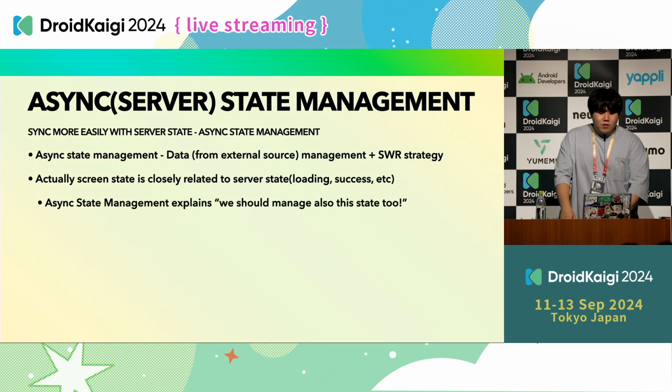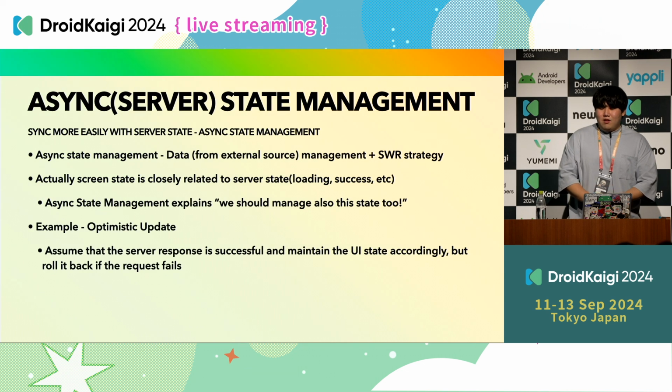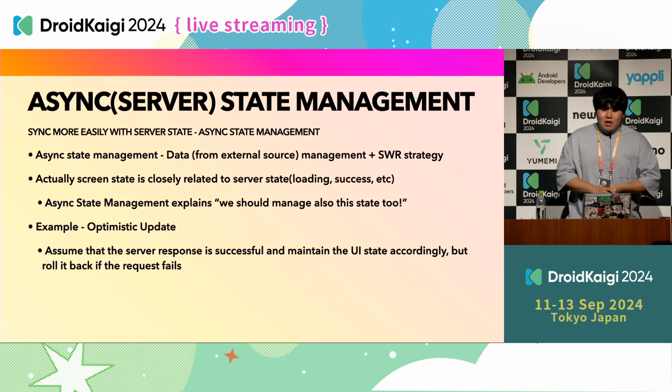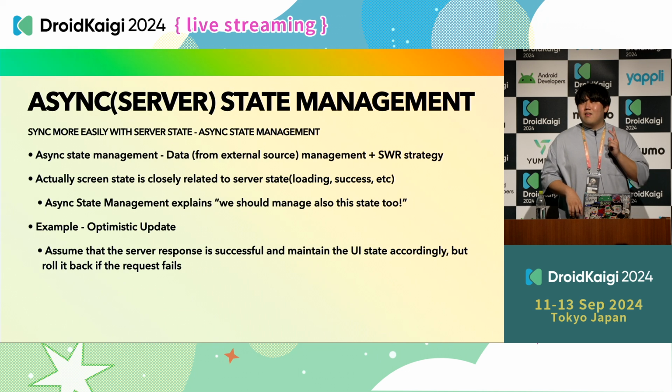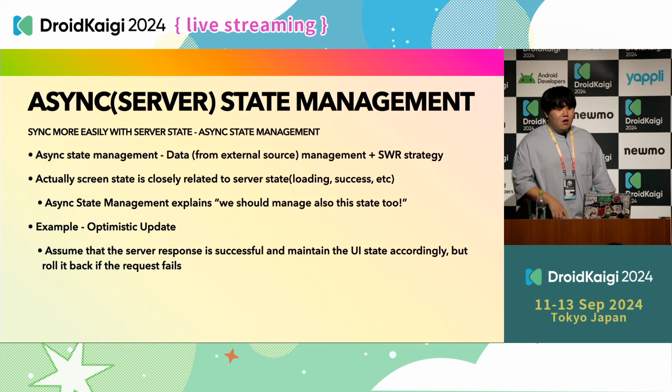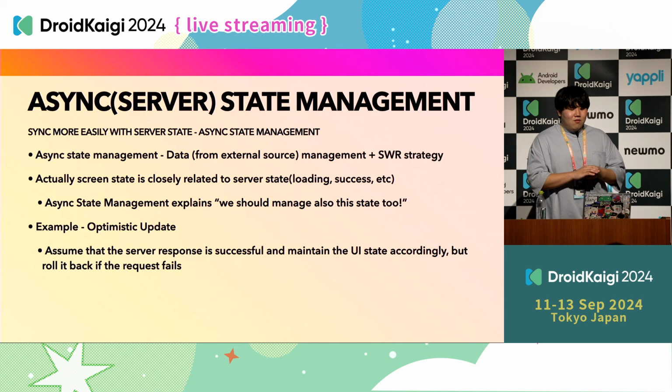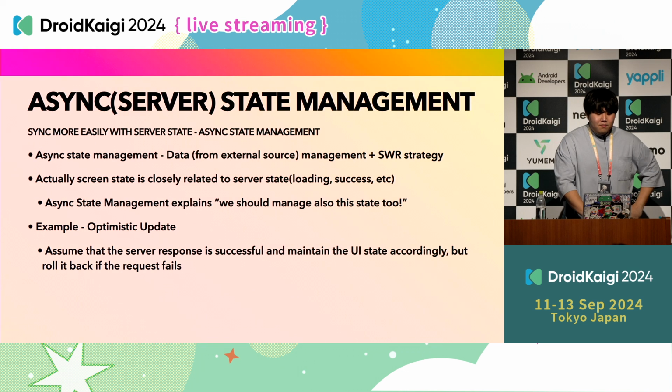Now, let's return to explaining async state management. In async state management, data requested from external sources like a server can be cached and managed according to the SWR strategy. Additionally, based on the data fetching status, the UI can display loading, success, and failure states, relieving developers from the need to manually create variables to handle these states.